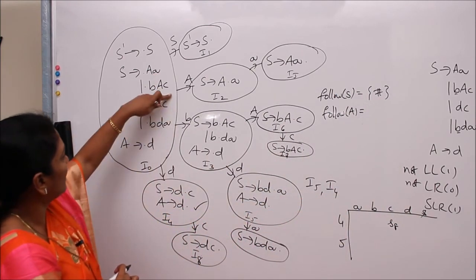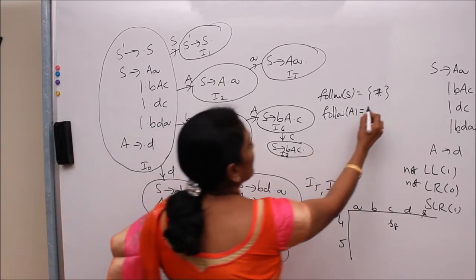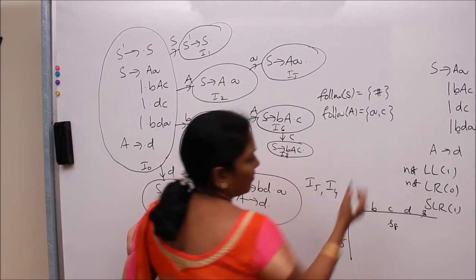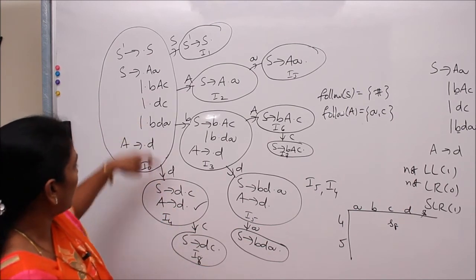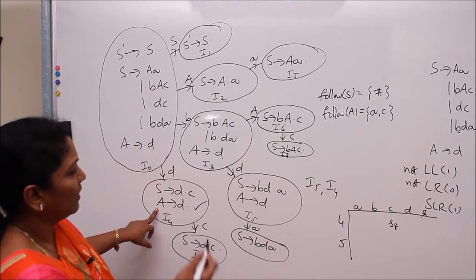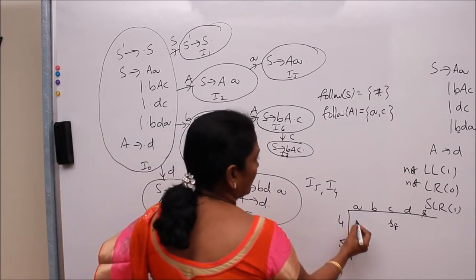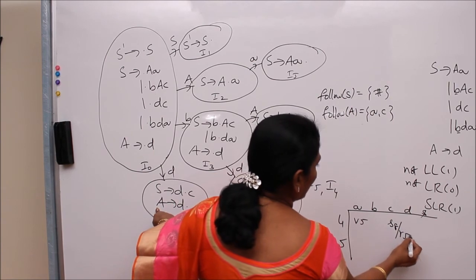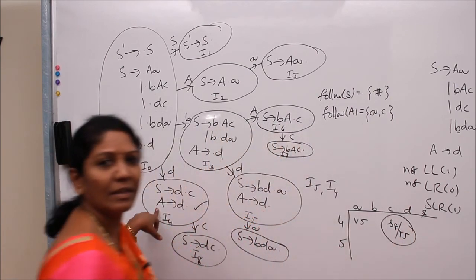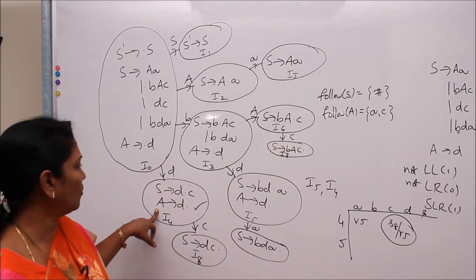Here it is A, here it is C. It is A comma C. So place A to D, which is R5. Place R5 under A, C. So look at this. There is a multiple entry in the row 4.